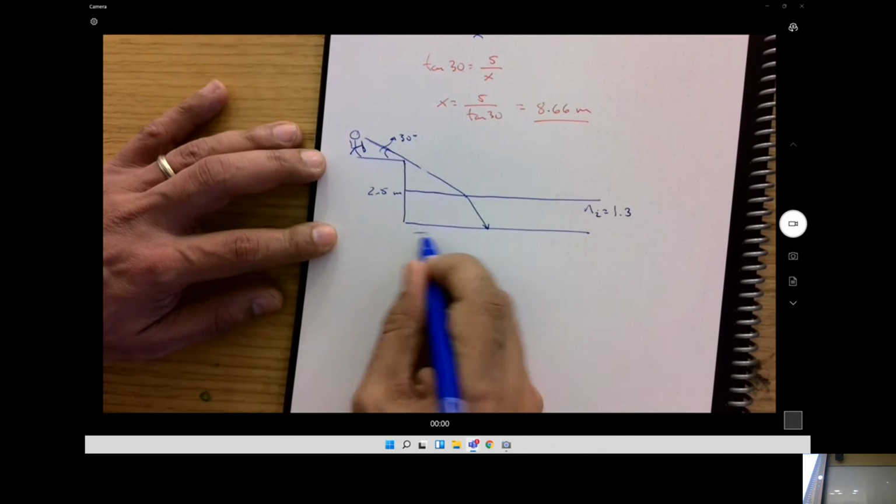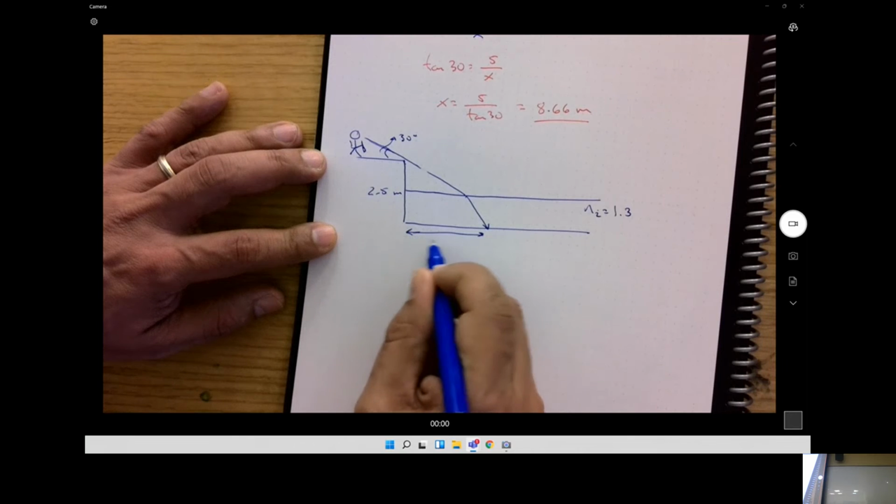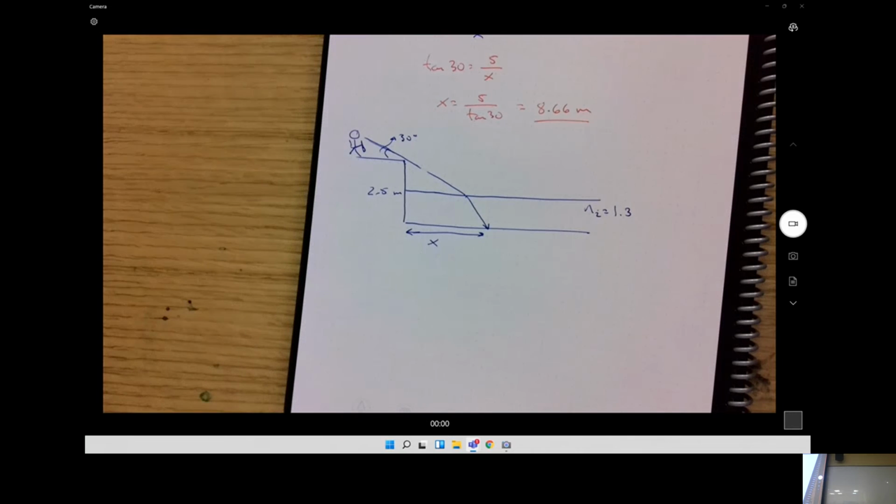Okay, so now this distance x is going to become a little bit smaller. Yeah, everyone can see that. So what I need to do is to calculate that new distance x.